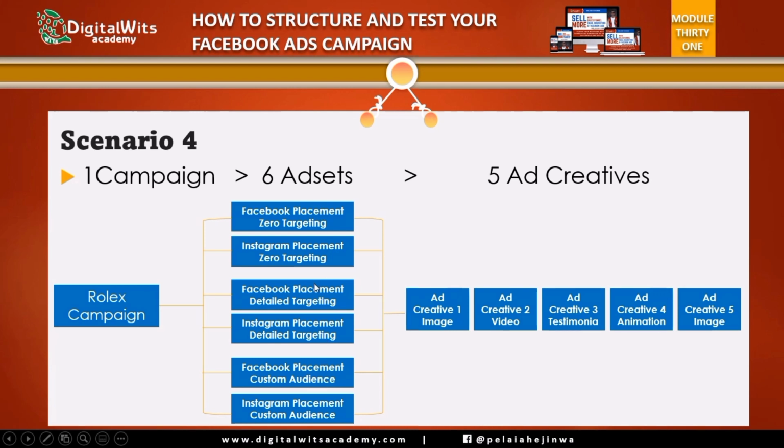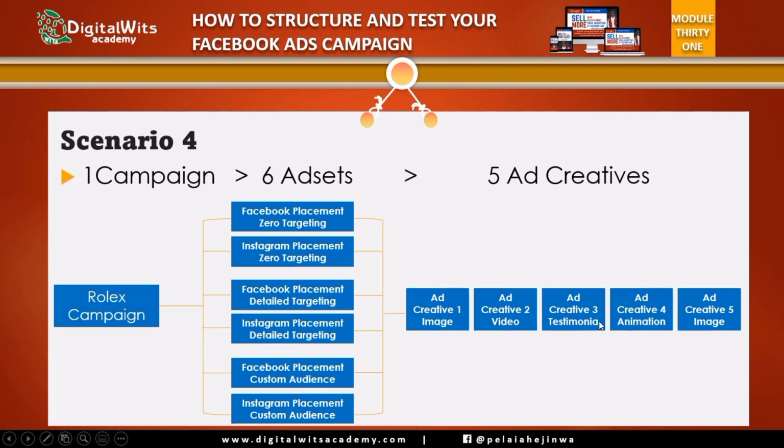Just as I've explained before, now instead of one ad creative, you have 1, 2, 3, 4, 5. All of these 5 ad creatives are connected to these ad sets. Each of these ad sets will display these 5 ad creatives to people.